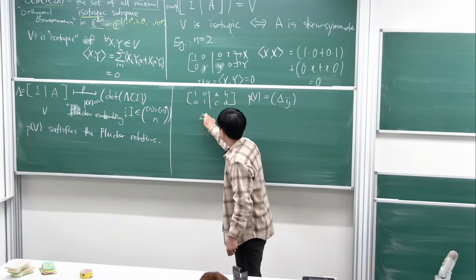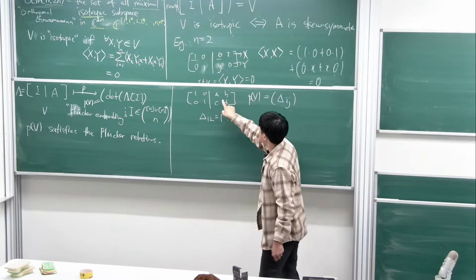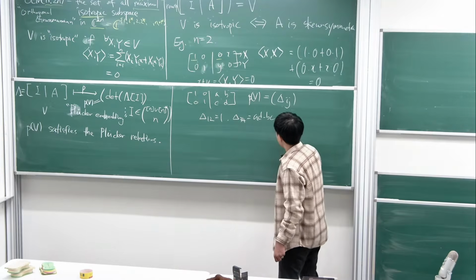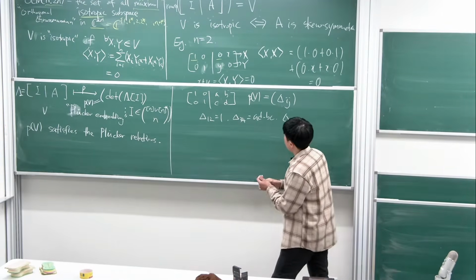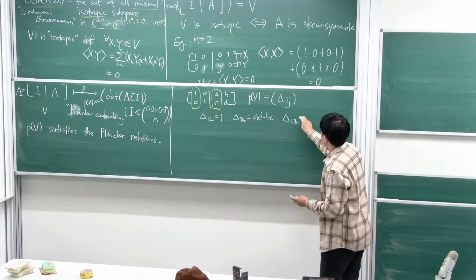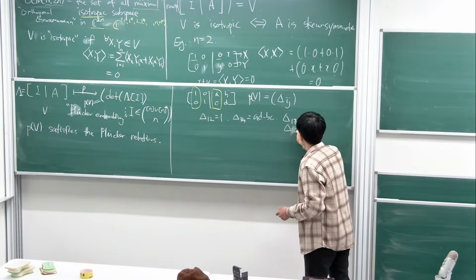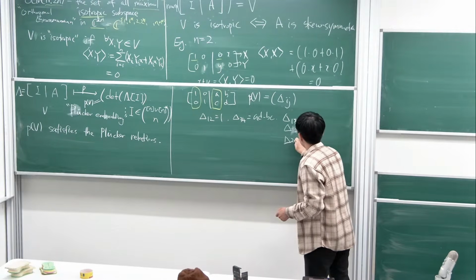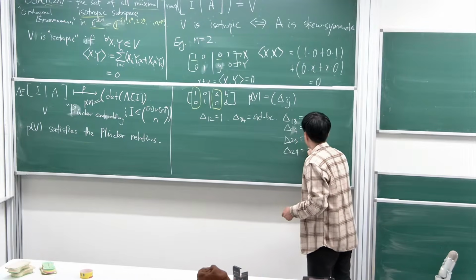So for example here, delta 1,2 is equal to 1, and delta 1,4 is the determinant of A, B, B, C, which is AB minus BC. And delta 1,3 is this one, so this is equal to C, and so on and so forth. Delta 2,4 is D. Delta 2,3 is equal to negative A. Delta 2,4 is equal to negative B.